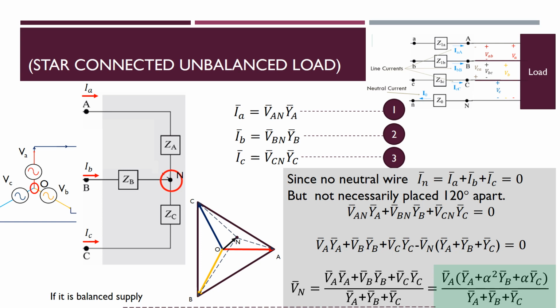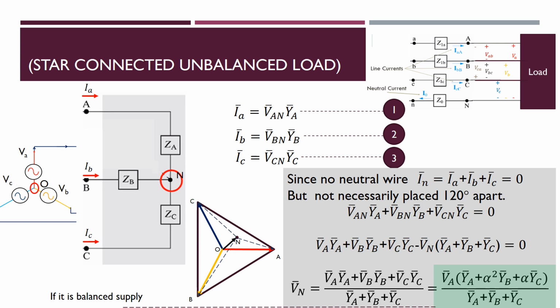So you can determine the neutral voltage with respect to the O terminal. VN is equal to (VA YA plus VB YB plus VC YC) over (YA plus YB plus YC).